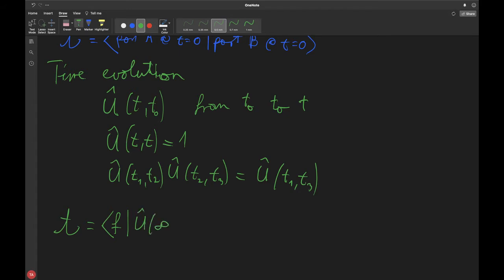So we need to move that back from infinity to the time t. And then we also have the initial state, which you remember was at minus infinity. So we need to also evolve that to this time t from minus infinity, right? So this U acts to the left and this U acts to the right.